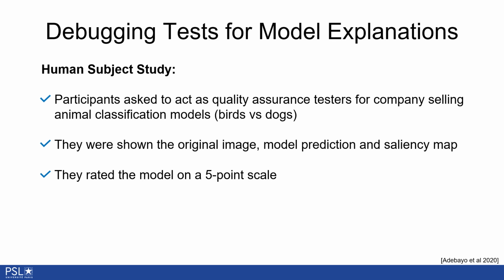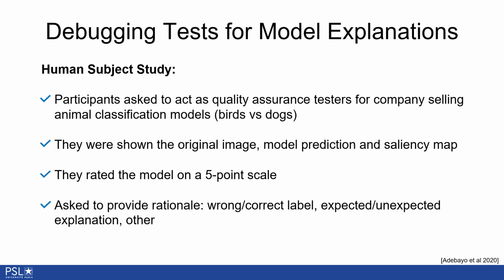They then rated the quality of the model on a scale from 1 to 5. They were also asked to provide a rationale for their rating. This was a multiple choice question with possible options such as wrong label, correct label, expected explanation, or unexpected explanation. This was the general design of the study.